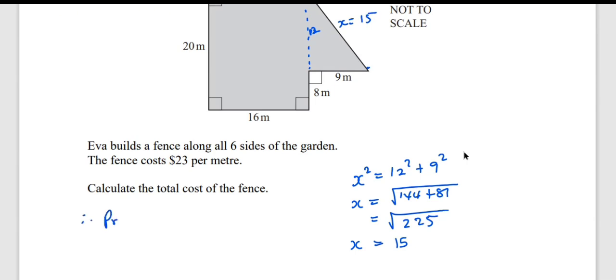Therefore, the perimeter is equal to we have 16 plus 20 plus 16 again plus 8 plus 9 then plus 15. So let's find out what that will give us. Okay, so that will give us 84 meters.